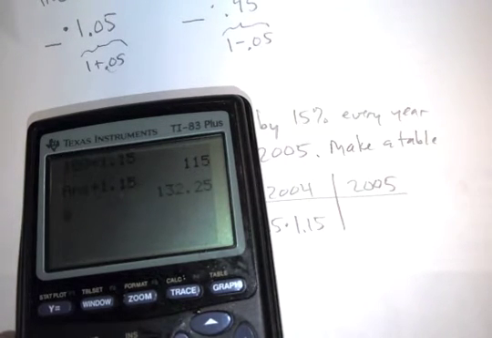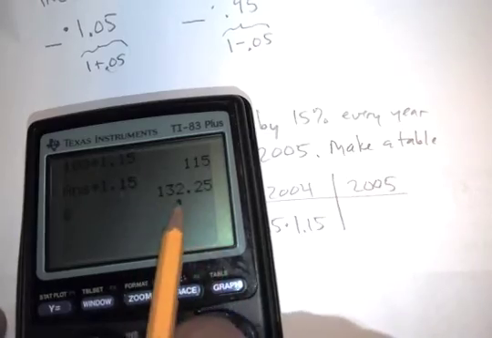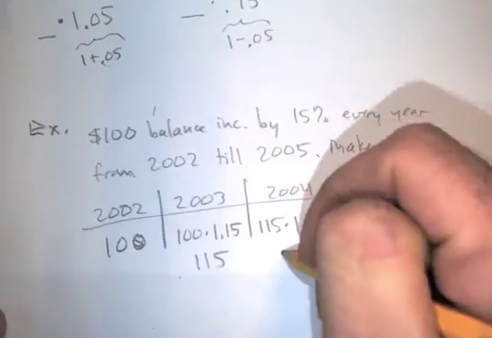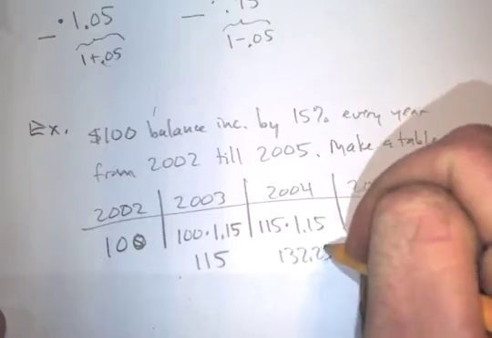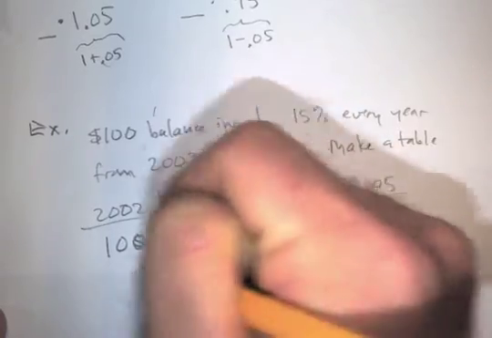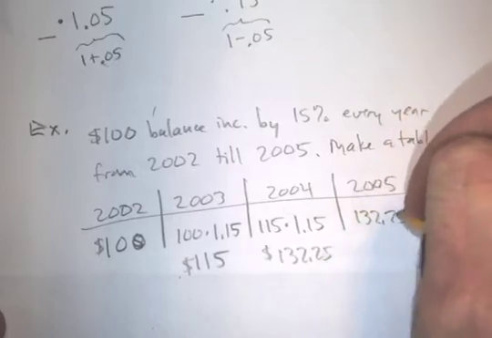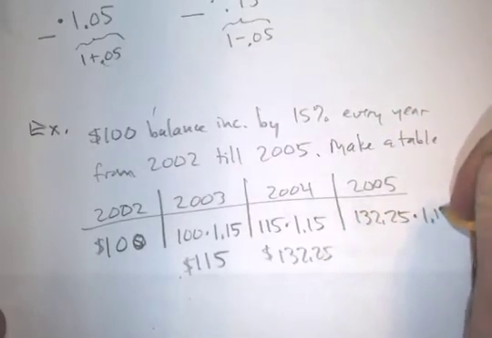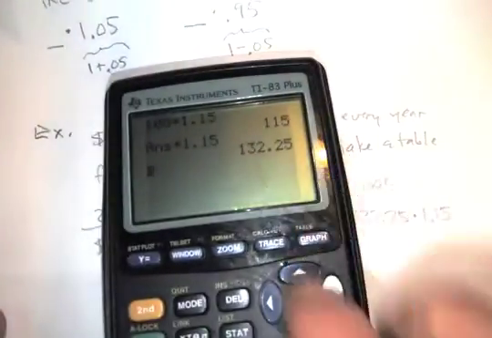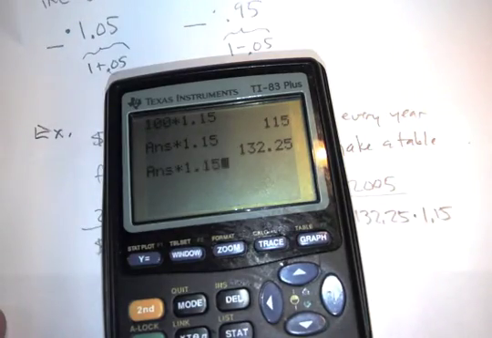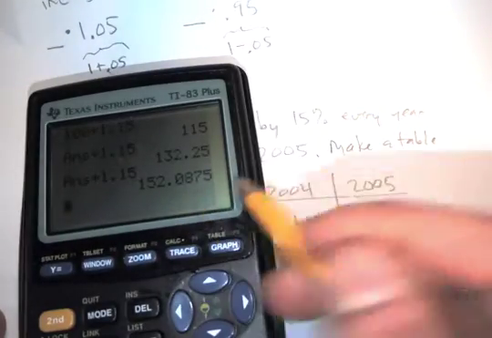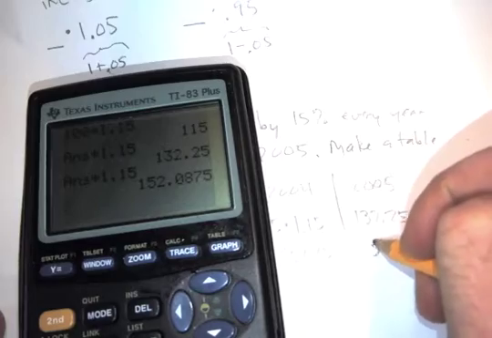It's doing that increase for me, 132.25. These are all just dollars. And then the last one, I'm going to take that 132.25 and guess what? Times it by 1.15. 152.09. I'll just round it to the nearest cent.